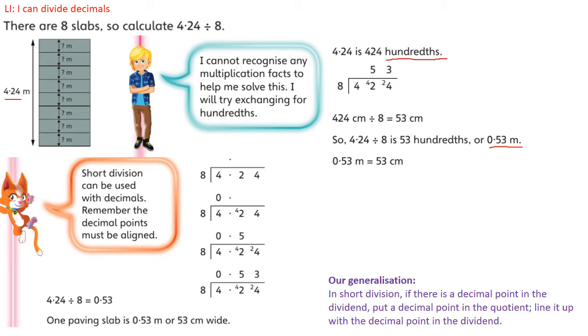Now, I'm using all those words again, but it just makes it easier once you know and remember what they mean. So remember, the dividend, that is the amount that we are dividing. The quotient is the answer, and the divisor is the number we are dividing by.